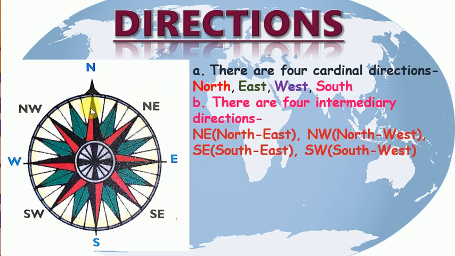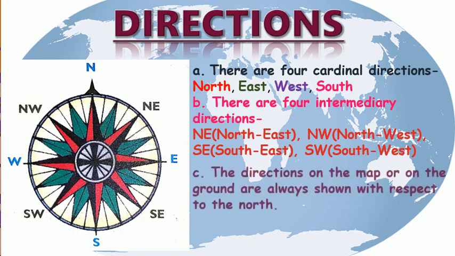And similarly, the other three intermediate directions are southeast, southwest, northwest. The midway between north and west is the northwest, the midway direction between south and west is the southwest, and the midway direction between south and east is the southeast.